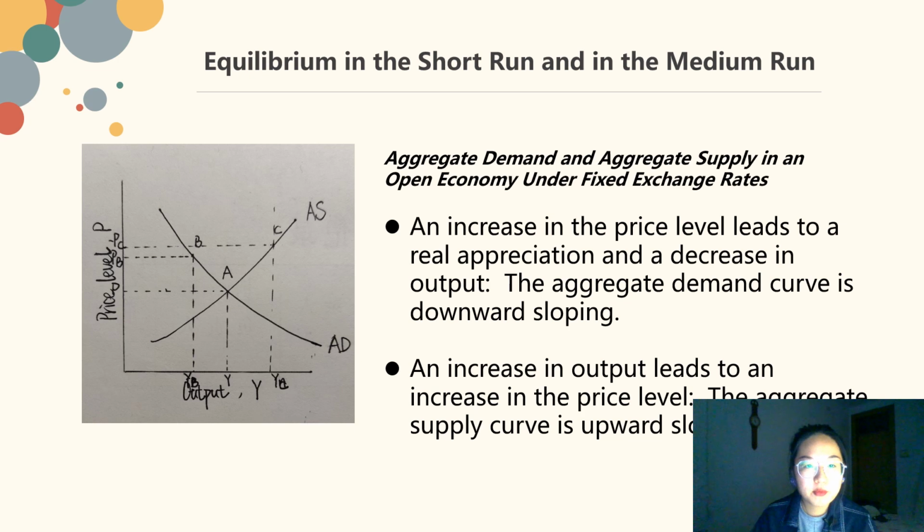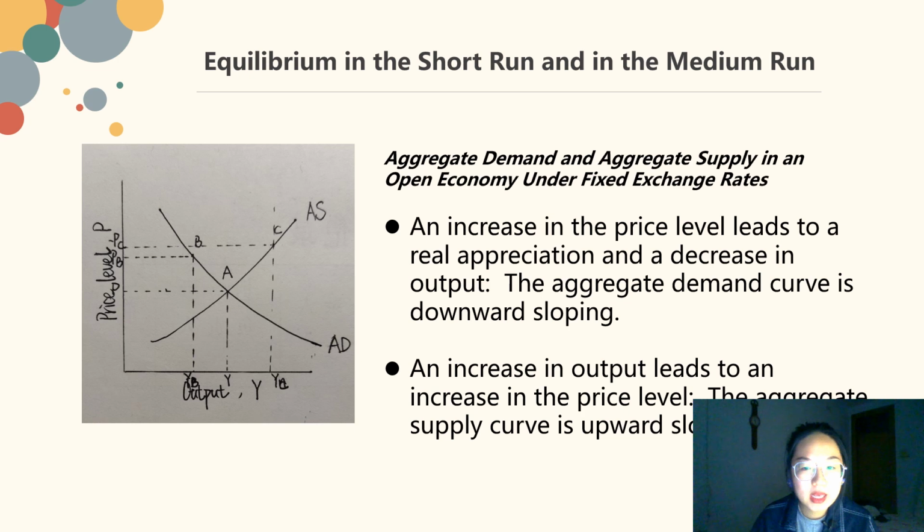In this graph, we can see the aggregate demand and the aggregate supply in an open economy with a fixed exchange rate. First, the aggregate demand curve. Between point A and point B, the output will decrease and the price level will increase, so the aggregate demand curve is downward sloping.